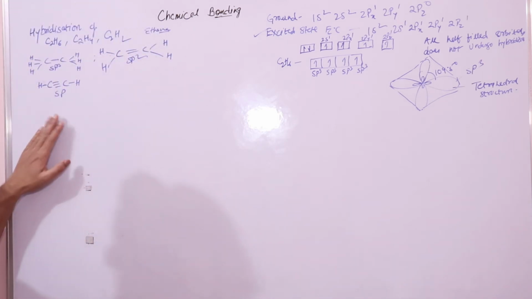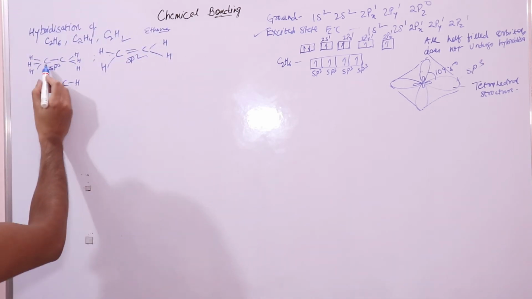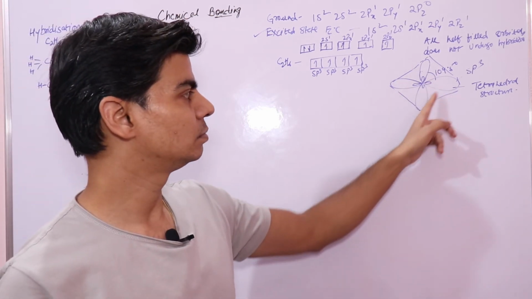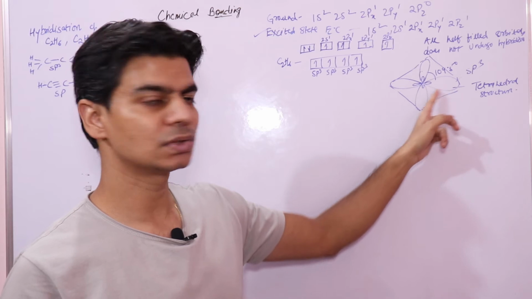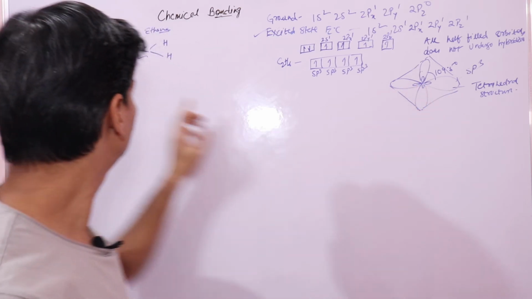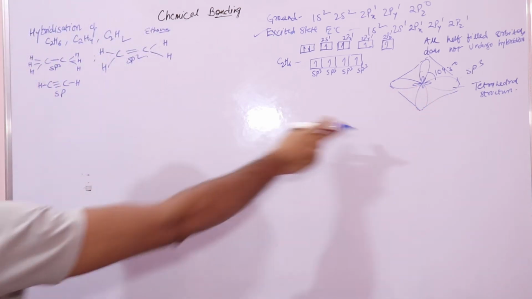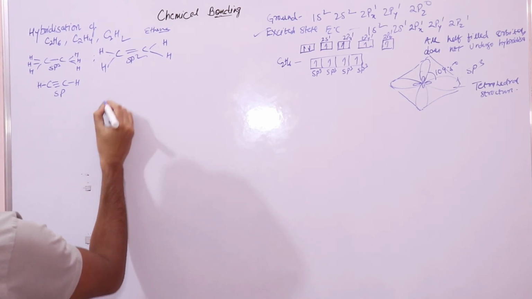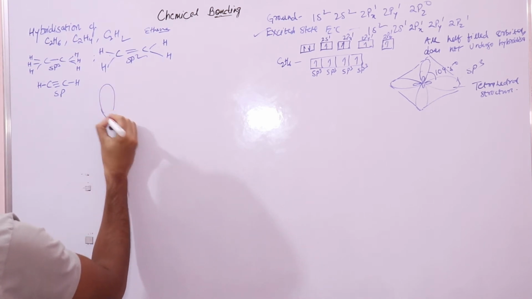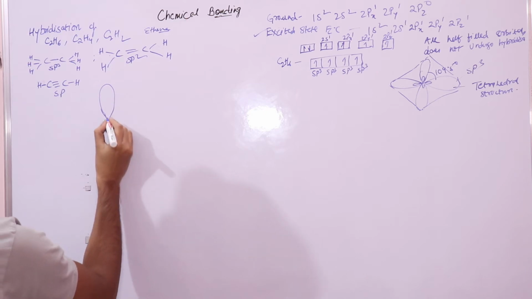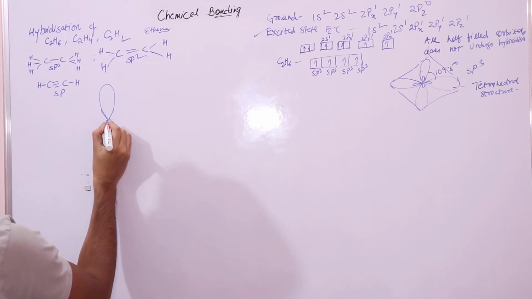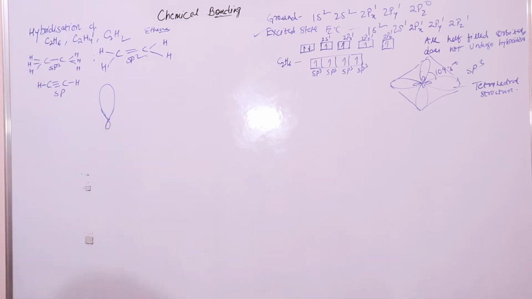Now let's look at this. Since each carbon atom is sp3 hybridized, it has 4 sp3 hybridized orbitals, right? Both the carbon atoms would be same as this. We need to understand how to draw the diagram, because in exam you are required to draw the diagram.